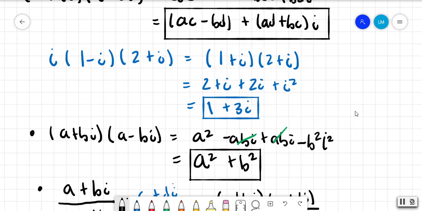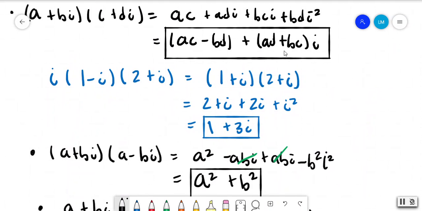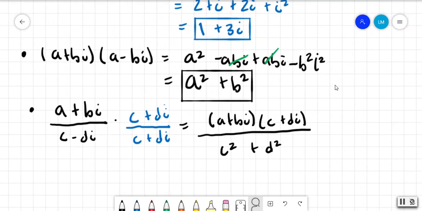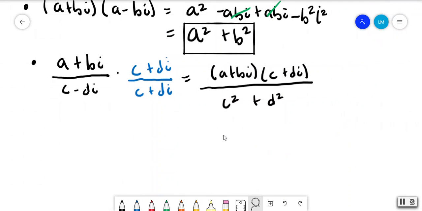I wonder if I can just copy this right here. Okay, so I just want to copy that.